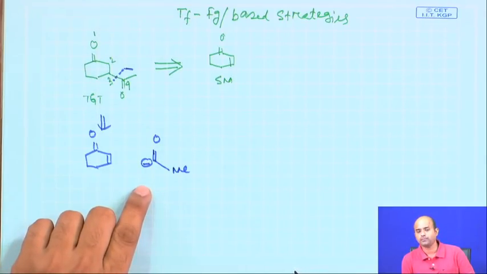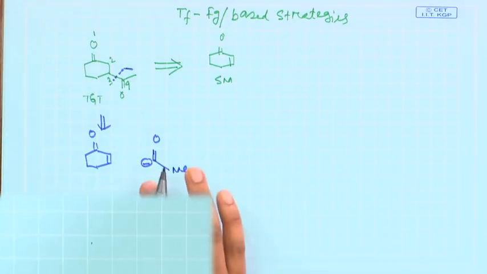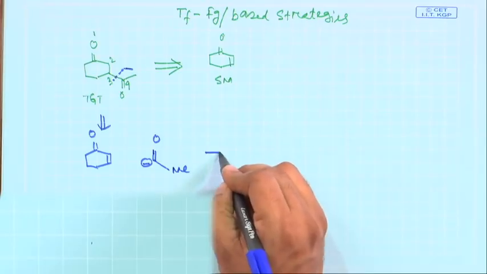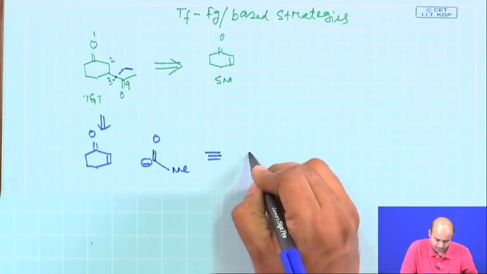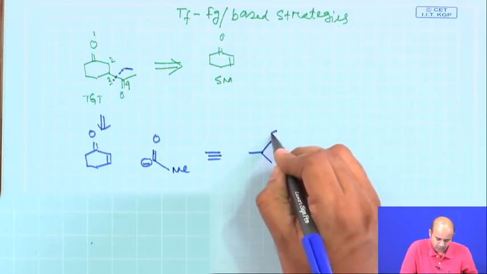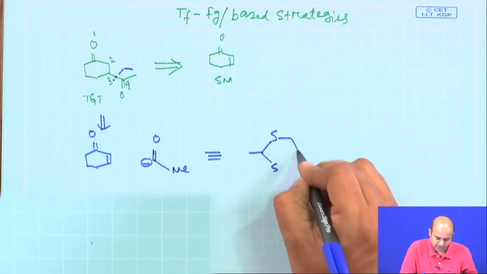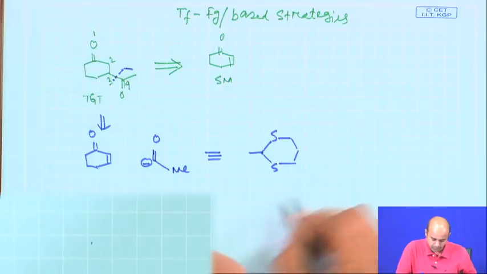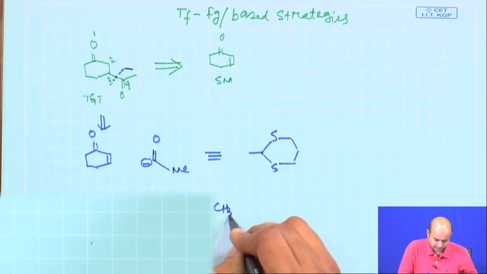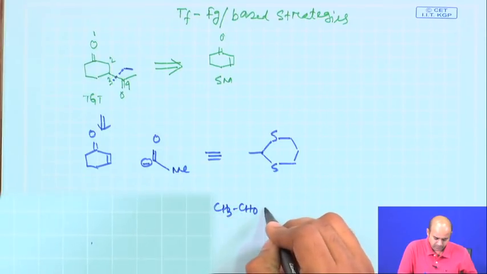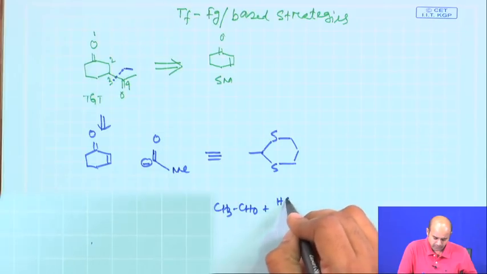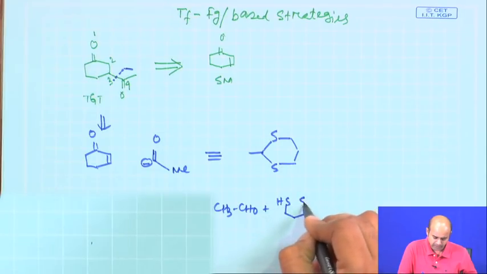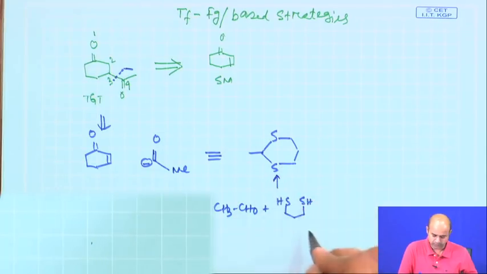It is a d1 umpolung species. Now, as we discussed, this species can be easily generated from 1,3-dithiane chemistry of acetaldehyde. So, what you do? You take acetaldehyde, react with 1,3-propanedithiol, and you will get this one, fine.